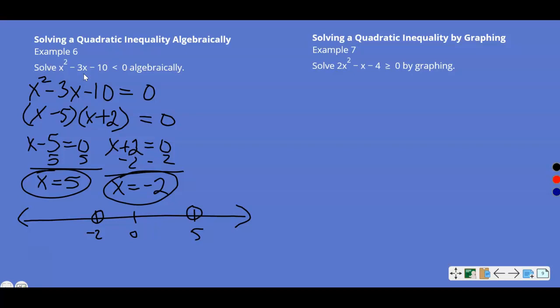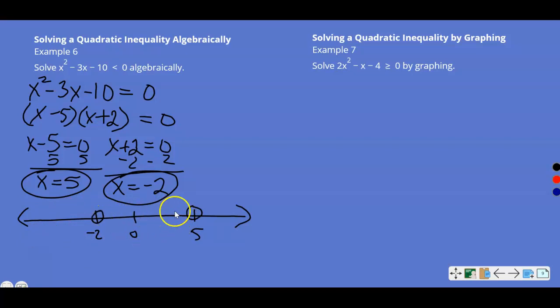I'm trying to do this in my head, so I've got 9, 18. 18 minus 10 is 8. So 8 less than 0. 8 is not less than 0. That's false. So that means this area is not part of the solution set.